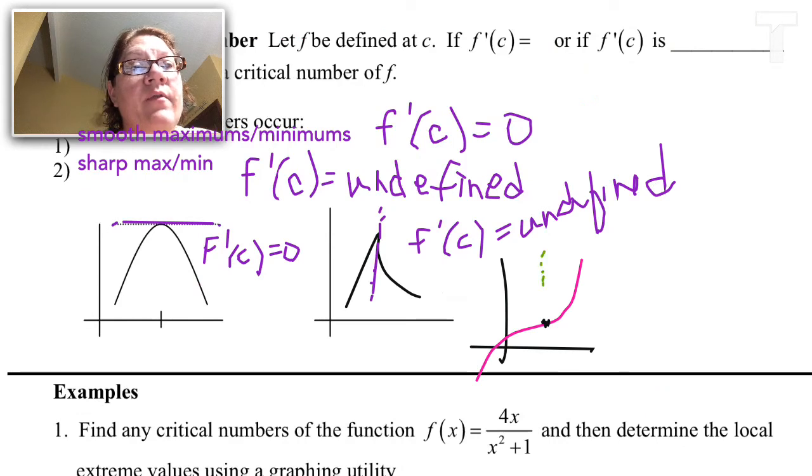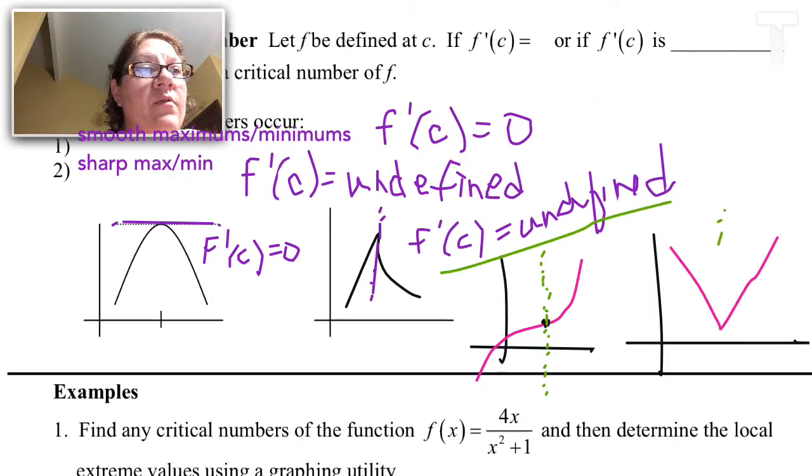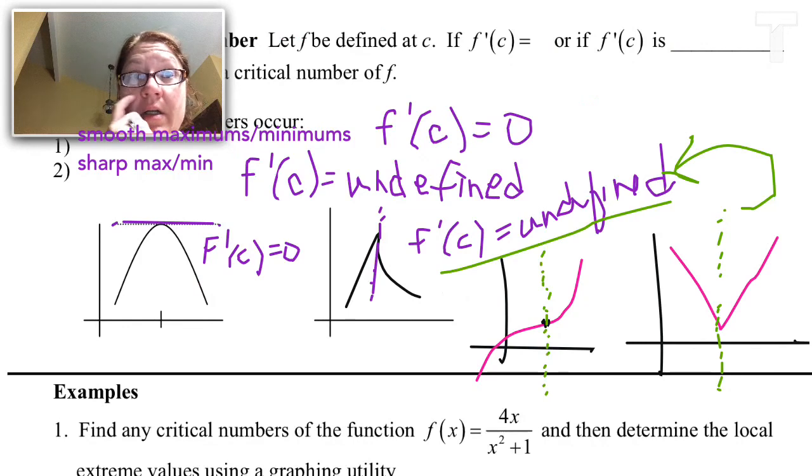If I have a point of inflection, like on a cubic, I'll get a vertical, so also f prime of c is undefined. And if I'm graphing absolute value, where that vertex is, again, I'll have f prime of c is undefined. So those are all examples of where critical points occur on my graphs.